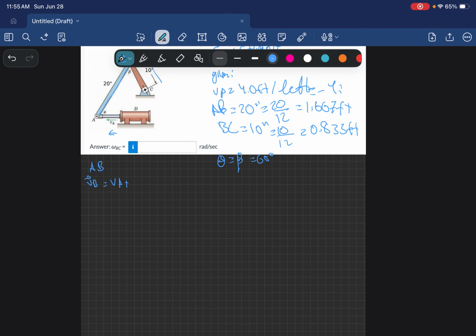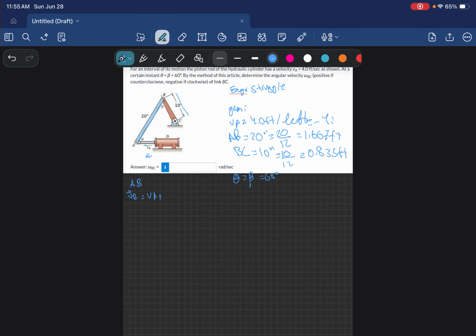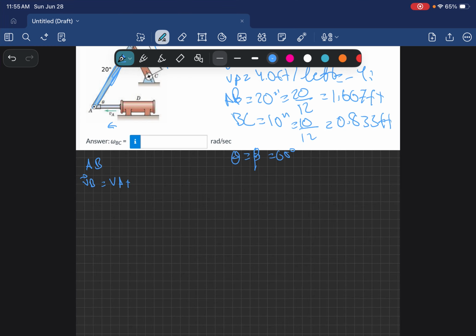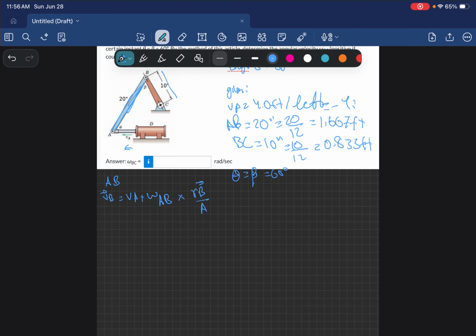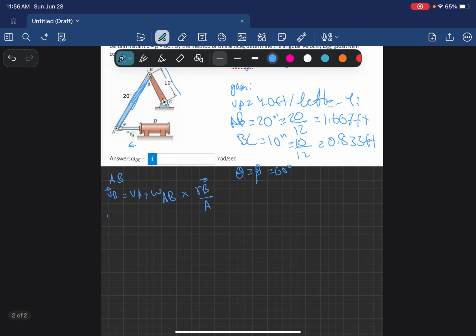And we need to find for link AB, which is this part that we just outlined. That's going to be V sub B, velocity of B, equals V sub A, velocity of A, plus the angular velocity of AB cross product with the position vector of B relative to A. Just do the cross product and you should get something.